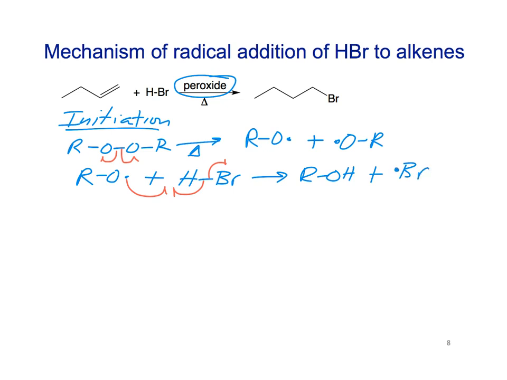Okay, and it's the bromine radical that we need for the propagation steps. So it took these two steps of initiation to get there. Okay, now we can do propagation.